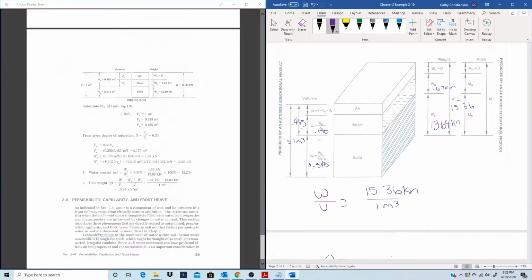That's kilonewtons per meter cubed, so that should be 15.36 kilonewtons per meter cubed. And then water content is just w equals WW divided by WS times 100. So that would be your 1.67 divided by your 13.69 times 100.